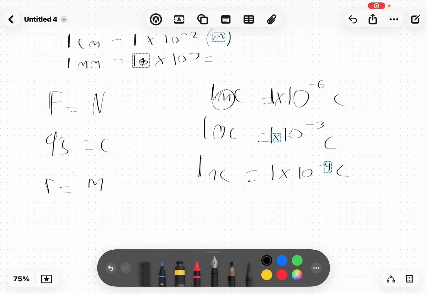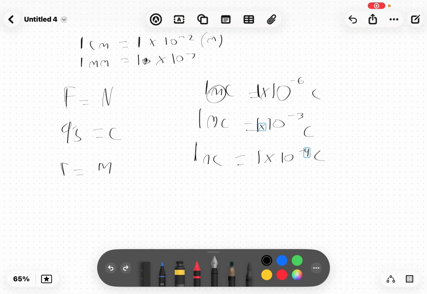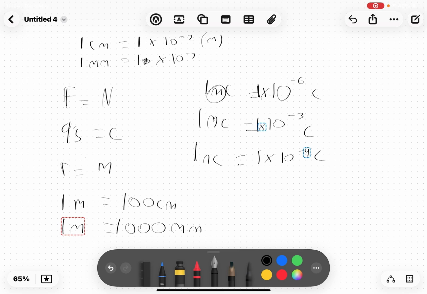But also think about it, 1 meter equals 100 centimeters. So let's say it has 500 centimeters, in the question you just divide it by 100. You have to do the opposite. Also let's say it's 1 meter. 1 meter is equal to 1000 millimeters. So if it's 2000 millimeters, it's 2 meters, guys.